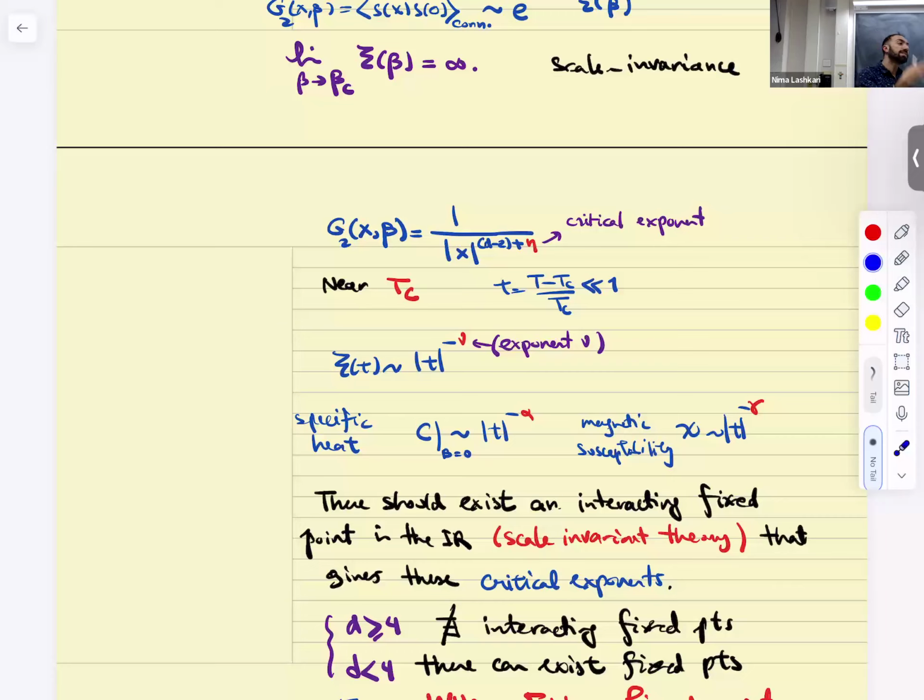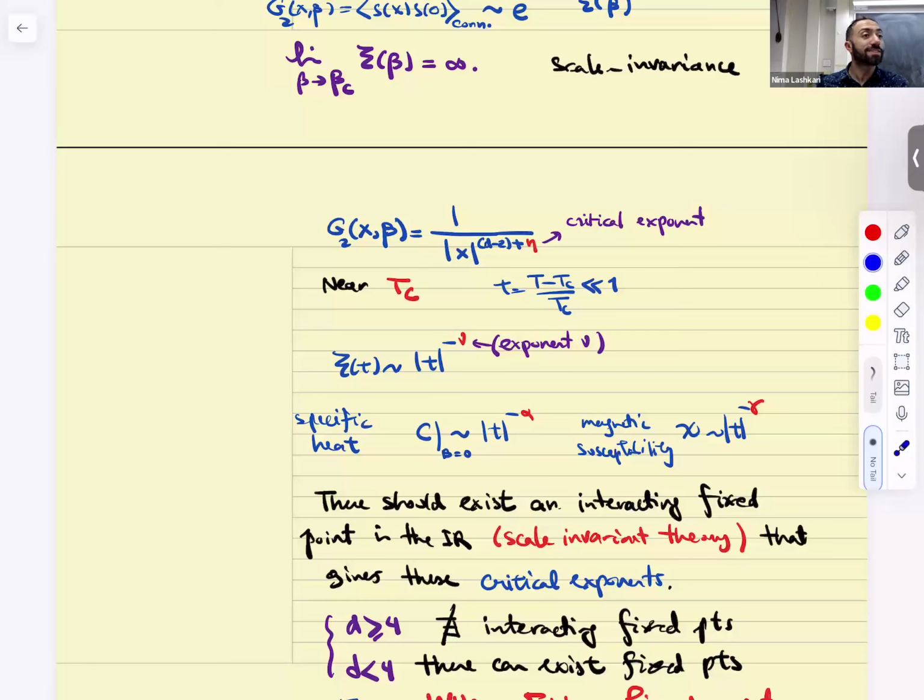If this non-analyticity is second order or higher, like in second order, the second derivative is discontinuous, or higher derivatives are discontinuous, then this is a continuous phase transition, and they are characterized by a set of numbers, just numbers, right? That you will have to evaluate or measure in experiments. They're called critical exponents. And field theory potentially provides a way, the Wilson-Fisher fixed point provides a way to understand this.